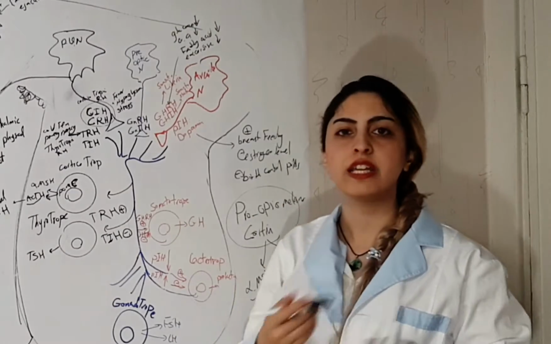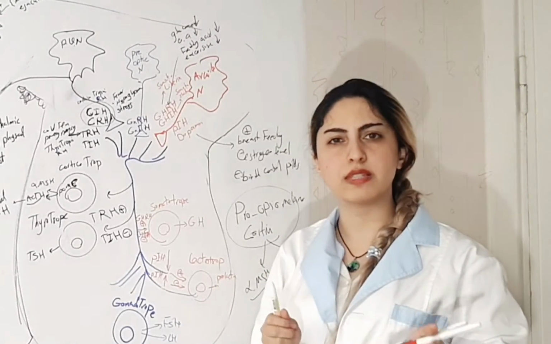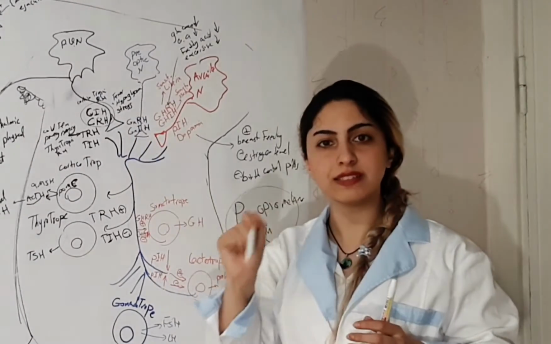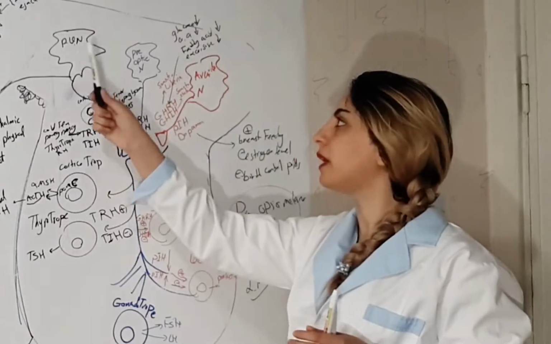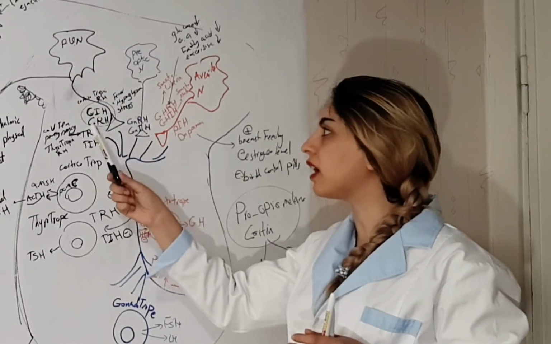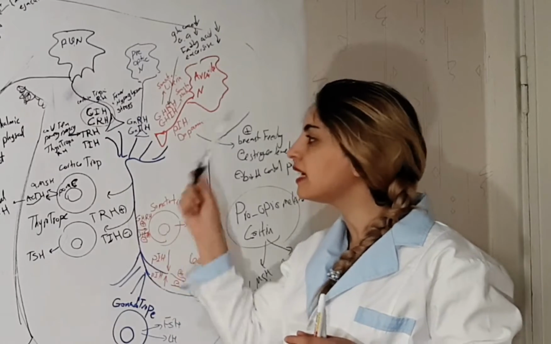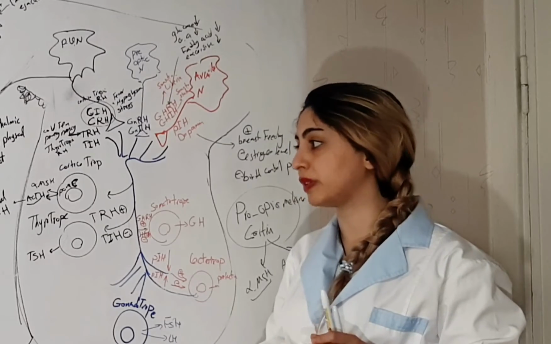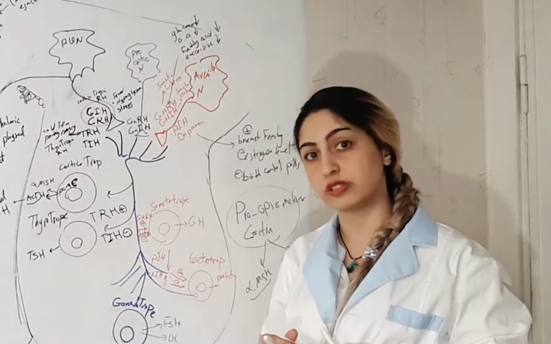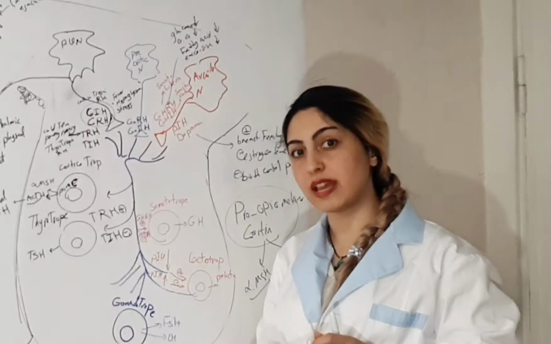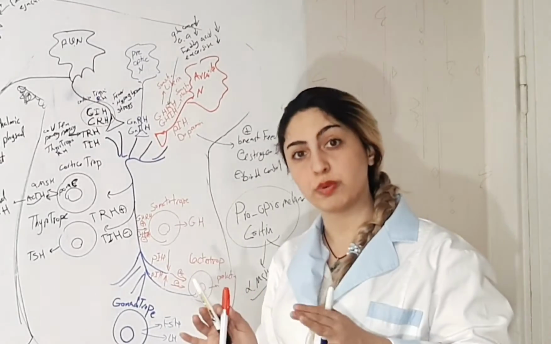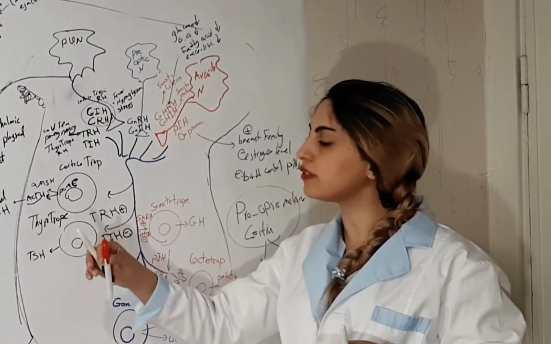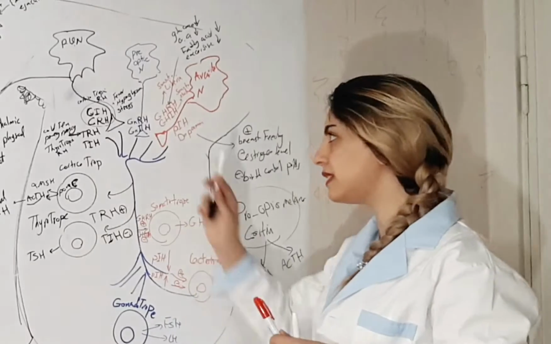If I have fever, if there is hypoglycemia, it means the blood glucose is low, or if I'm under stress, then the paraventricular nucleus will be activated and I have corticotropin releasing hormone, and finally it will go to the corticotropes, and finally I have adrenal corticotropin hormone, which will go to the adrenal gland, the cortex of it, and will release from a specific part of the cortex, which I'm going to talk about in the next video. But it will finally release the cortisol. So this is the pathway.